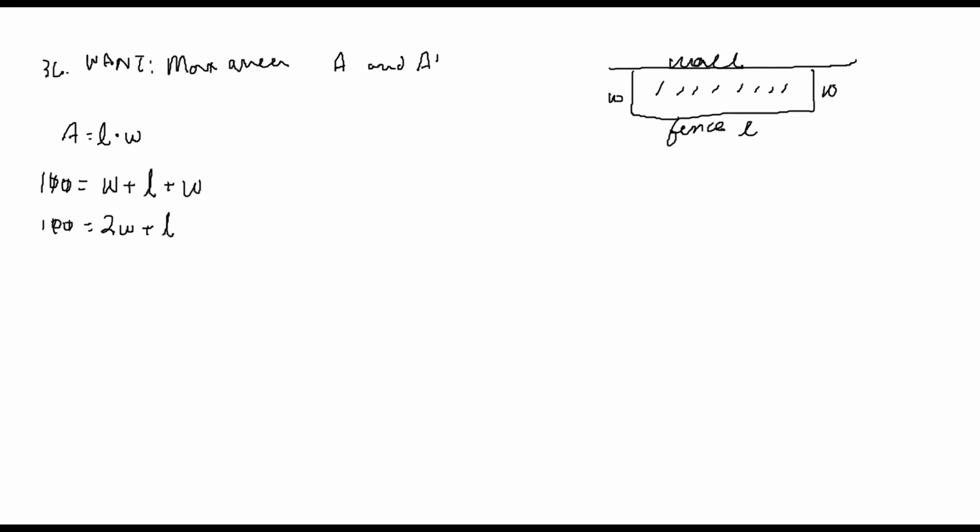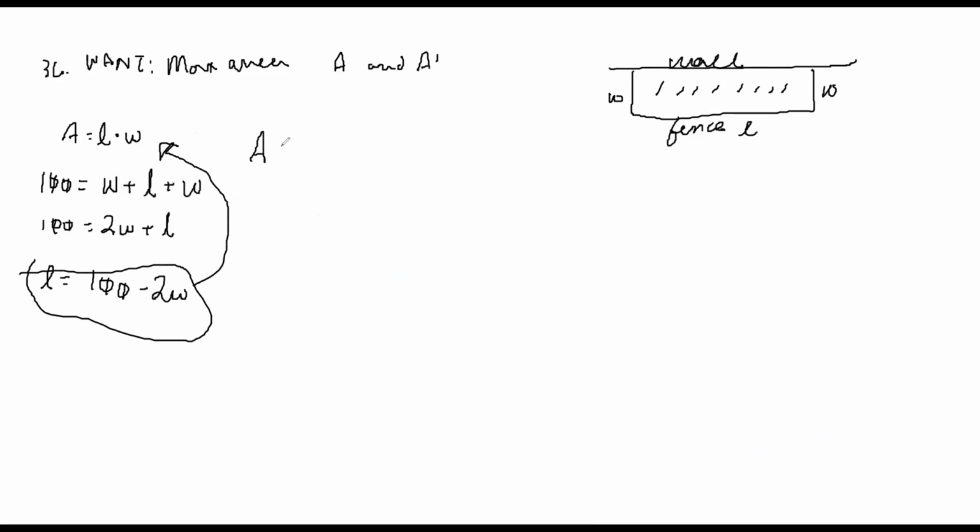And we're basically going to solve for one of these to be able to get rid of one of these variables. So I'm going to say that length is equal to 100 minus 2w. And then I'm going to put this in this equation. So I have A is equal to 100 minus 2w times w.